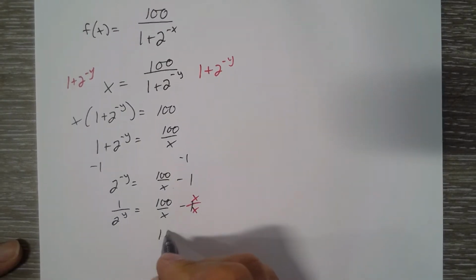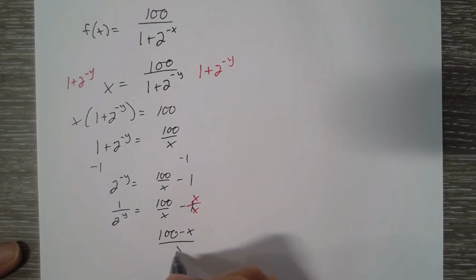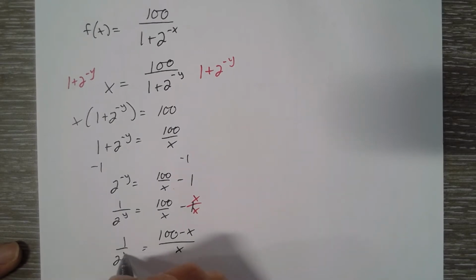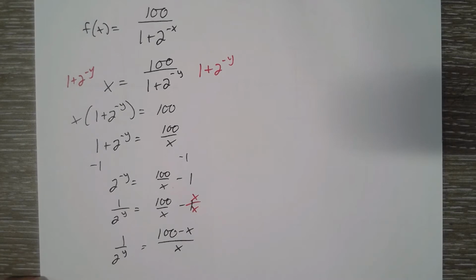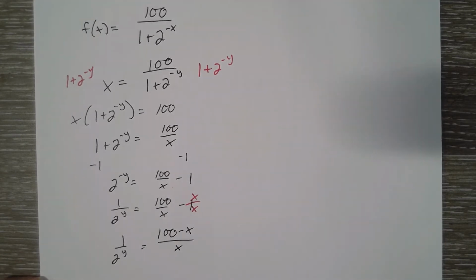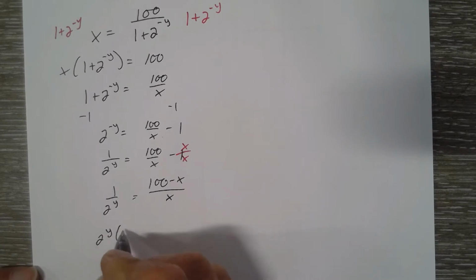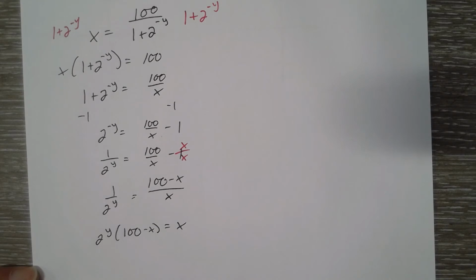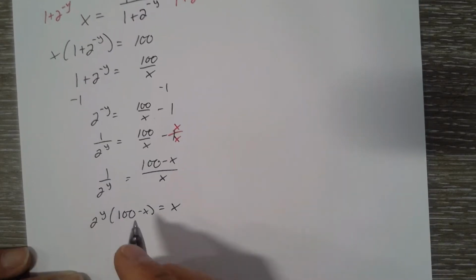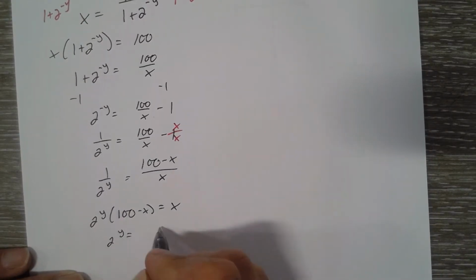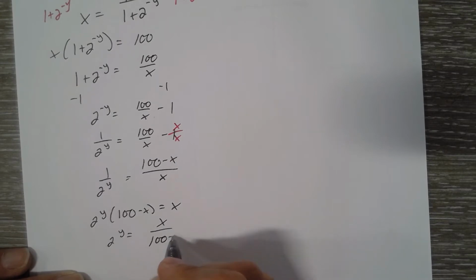So I get 100 minus x over x equals 1 over 2 to the y. Maybe cross multiply. So it's 2 to the y, 100 minus x equals x. And divide by that quantity. So 2 to the y equals x over 100 minus x.